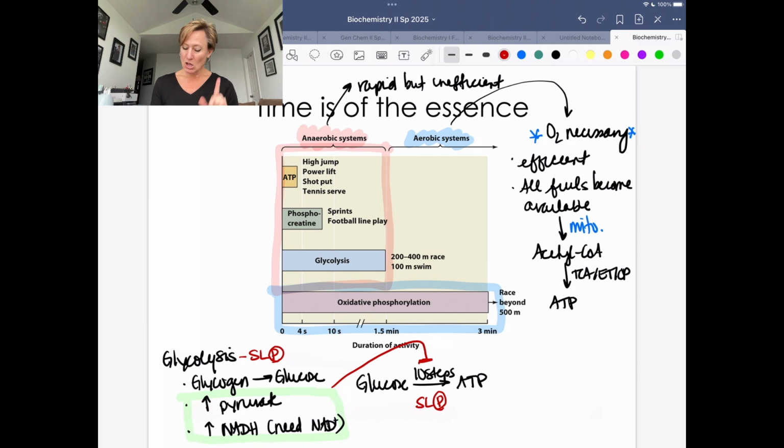Okay? Now, tying into another video that maybe you haven't seen yet, we can relieve this inhibition if we can do something with that excess pyruvate. So one of the things that we can do with it is convert it into lactate, or we can convert it into alanine.